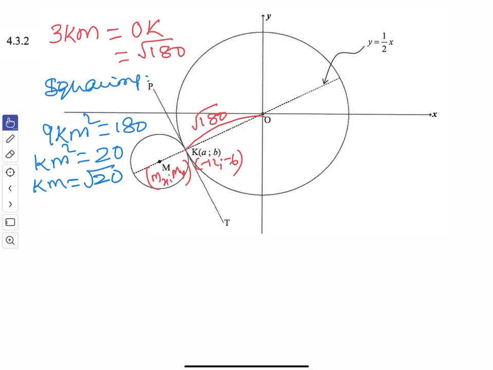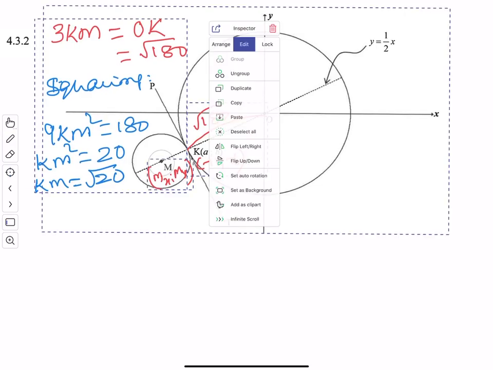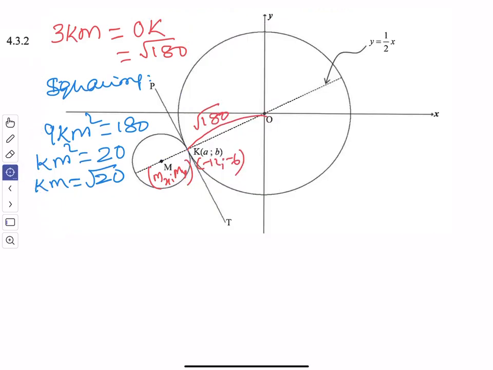Now I define the equation of KM. You can think in different methods: you can use the equation of the circle, or the distance formula. As we discussed earlier, the equation of the circle is an extension of the distance formula.